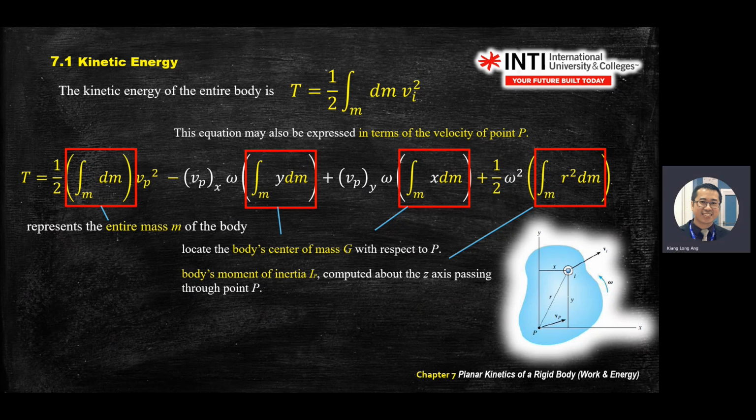Third, you have an inertia effect. The last two components you don't learn in your normal physics class because you simplify everything. But when you come to dynamics class, you consider mass, you consider center of mass at G, you consider moment of inertia.